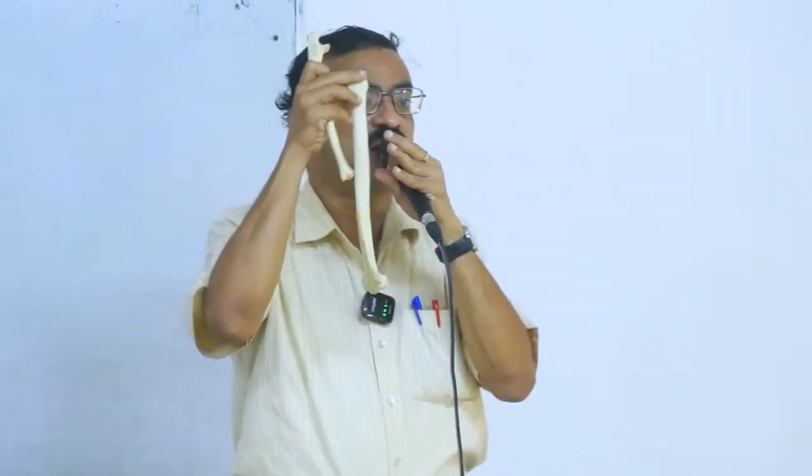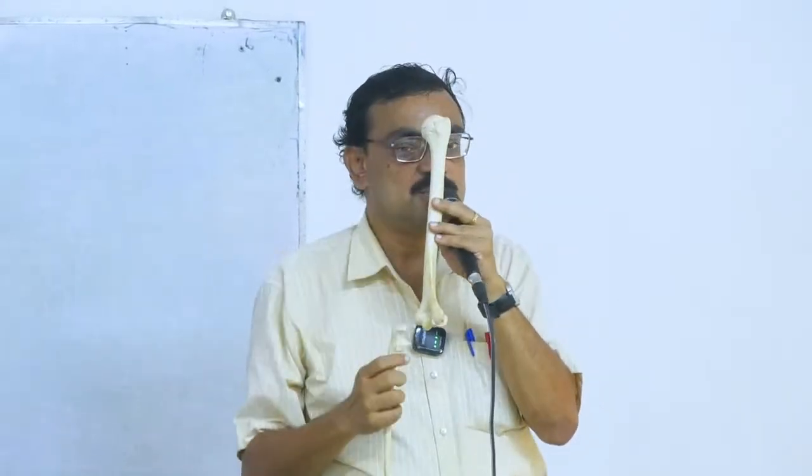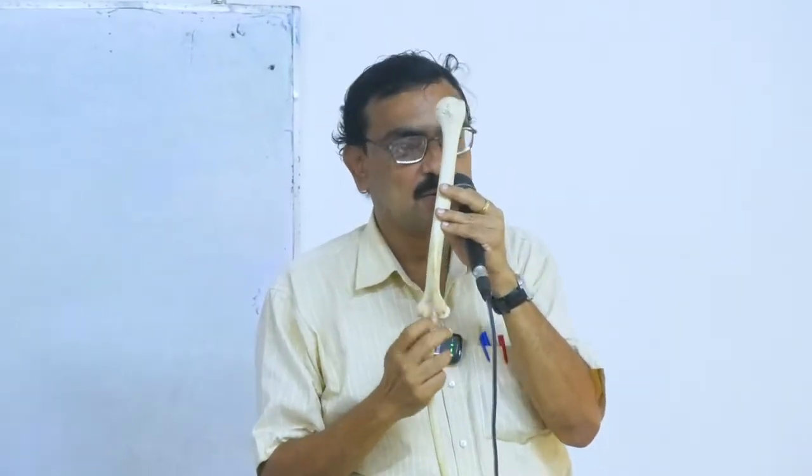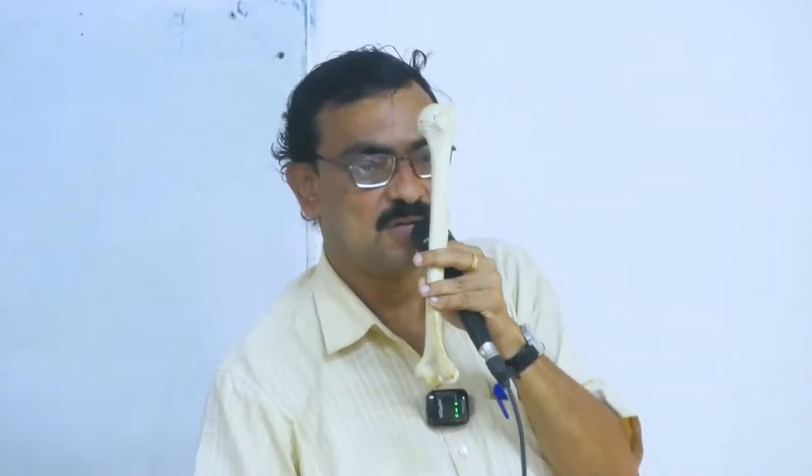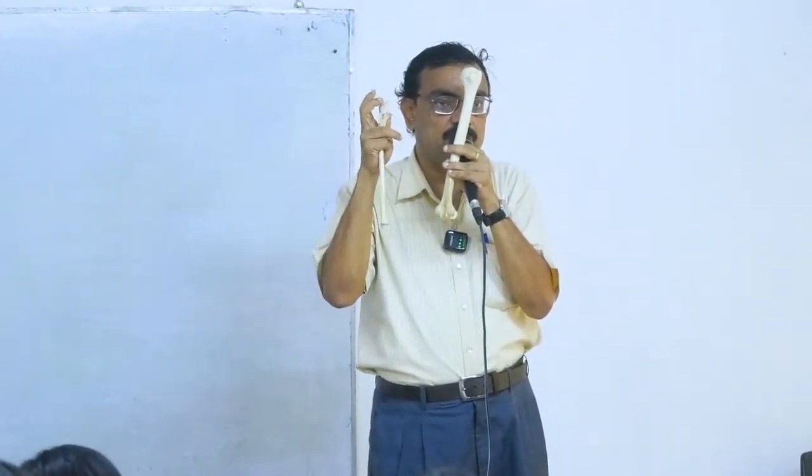This olecranon process is being accommodated within the olecranon fossa, which is present at the dorsal aspect of the lower end of the humerus during full extension. So this is olecranon process.